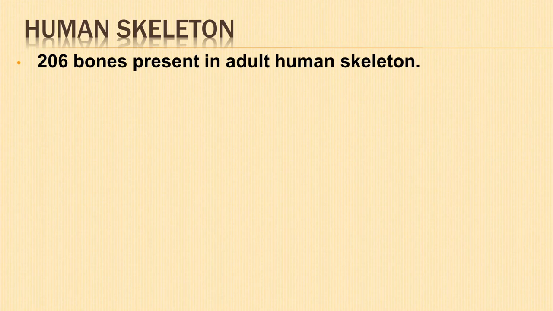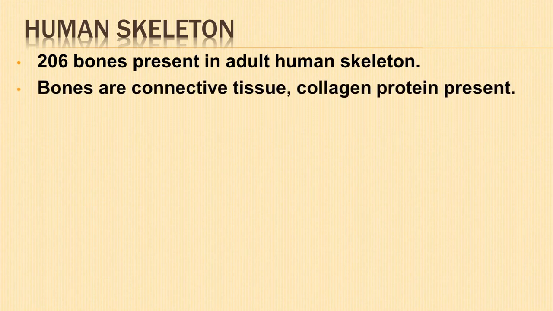In human adults, the skeletal system consists of 206 bones. Bones are made of dense connective tissue and mainly contain a tough protein, namely collagen.